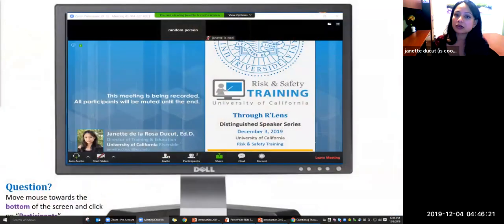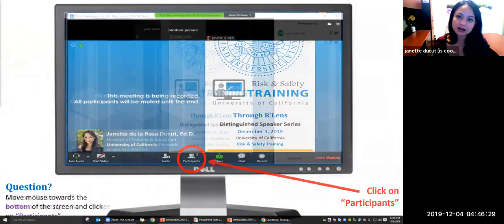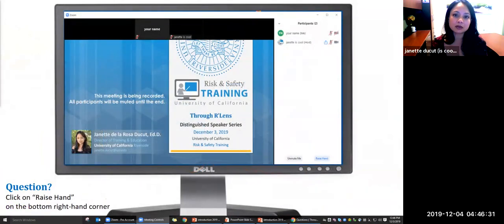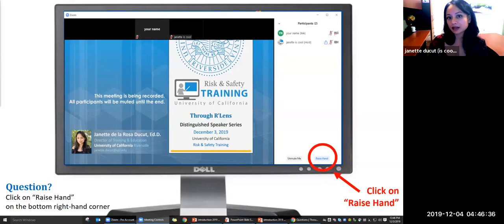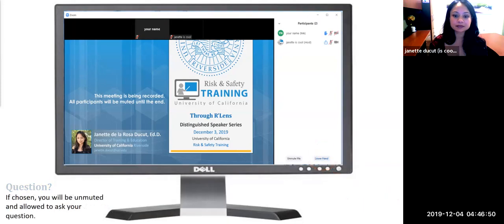The way you raise your hand is you mouse over to the very bottom of your screen, and click on the participants icon. When you click on the participants icon, you'll see the list of everybody who is attending, and in the very bottom right-hand corner, there's a button you can click on to raise your hand. If anybody has a question at this point, please go ahead and raise your hand. Otherwise, we're going to open it up to questions that we've received from the chat.